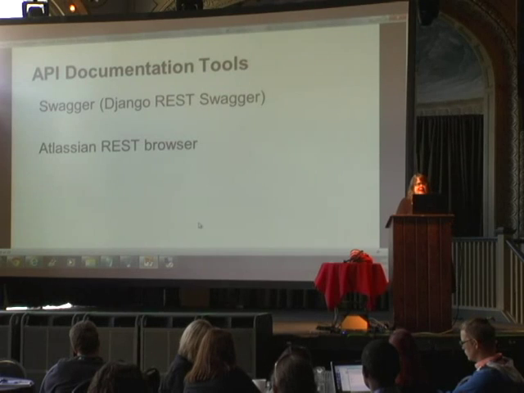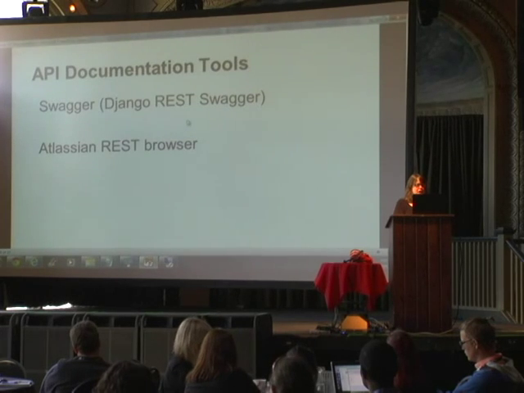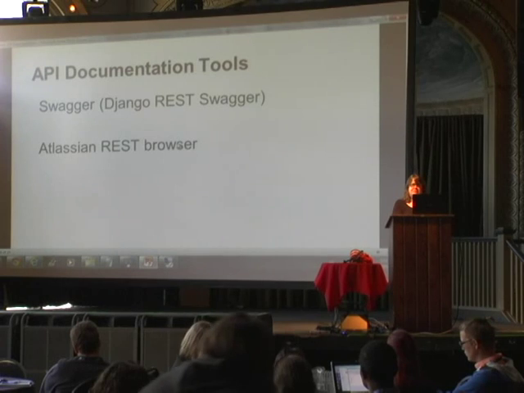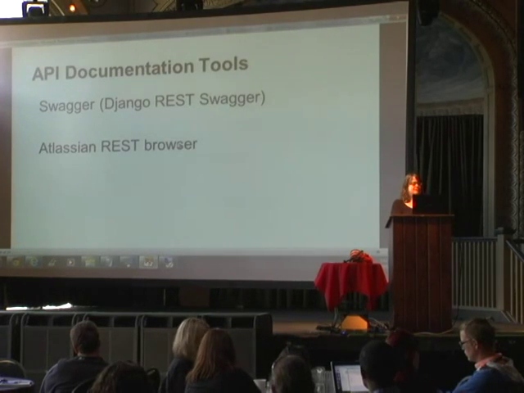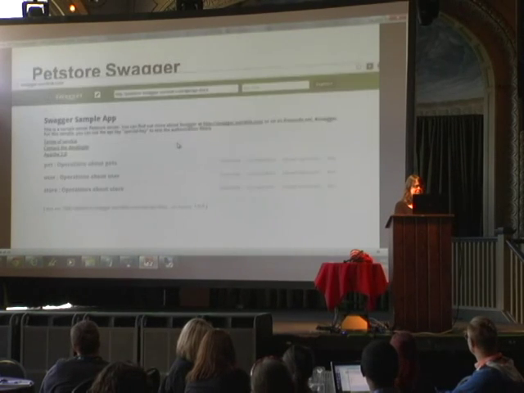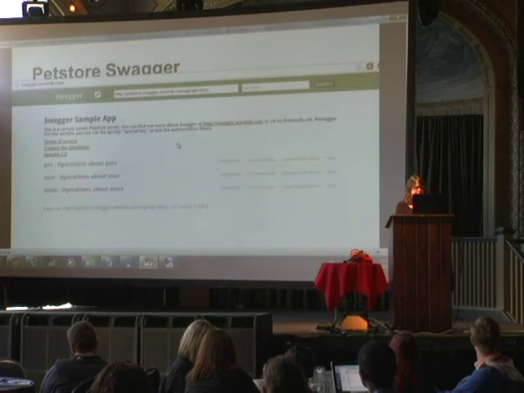And they implemented Swagger so that we could easily see the verbs that you can apply to different objects. And I looked some at the Atlassian site, and they seem to have a similar concept with the REST browser. Again, it allows you to test content and see how the API works. So here's an example of the Swagger implementation.